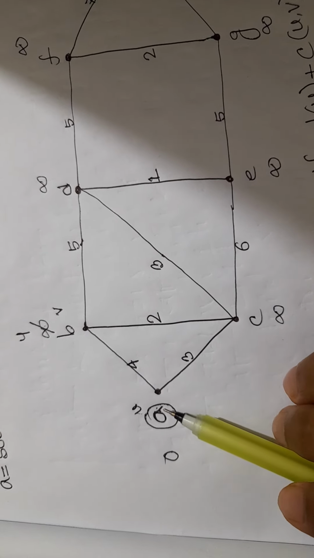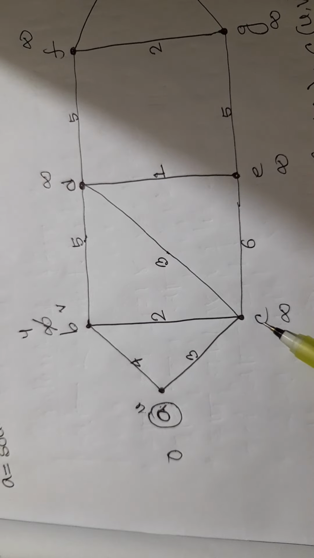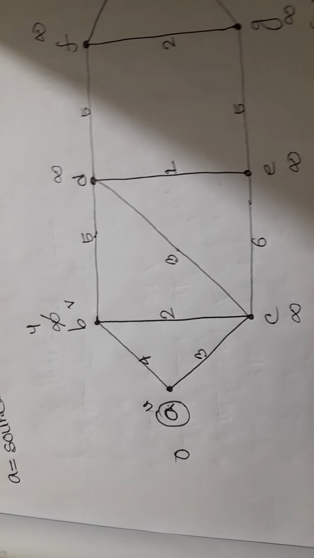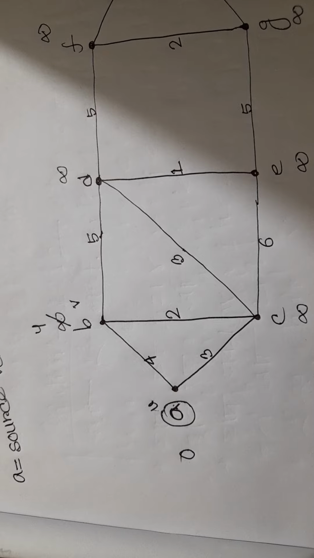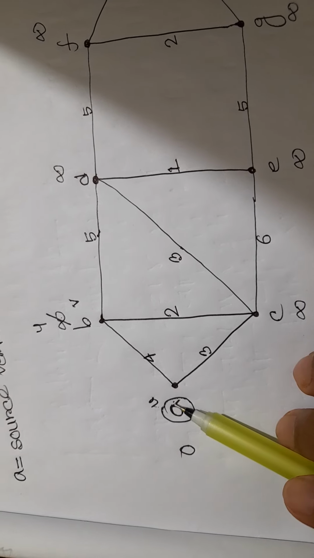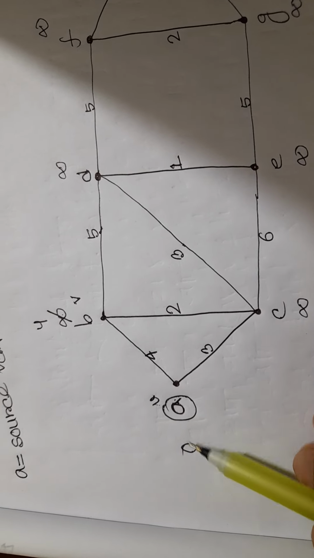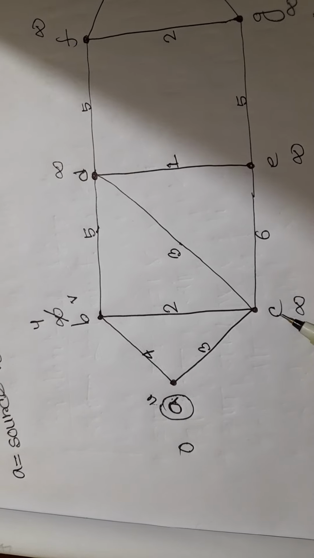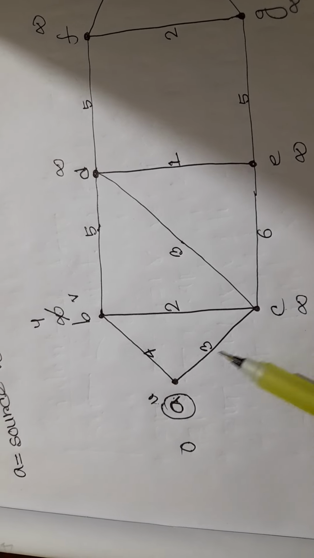Then we can also visit C. The distance of A equals to 0, and the cost of A to C equals to 3.